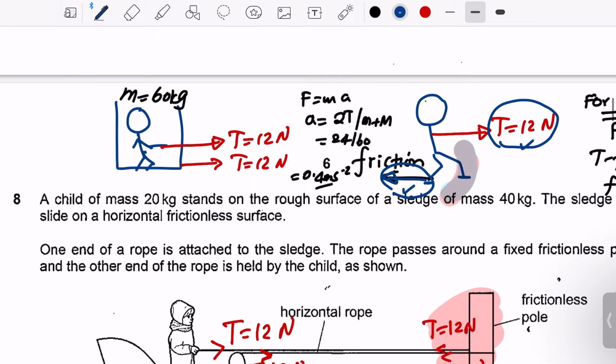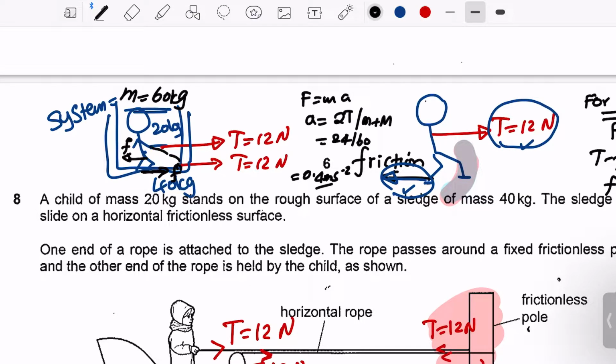So let's think about the total system. The system has mass 60 kilogram: the boy has 20 kilogram, the sledge has 40 kilogram, altogether it is 60 kilogram, right? Now the friction is an internal force. The child experiences friction backward, the sledge experiences it forward. We don't have to care about this because this cancels out.